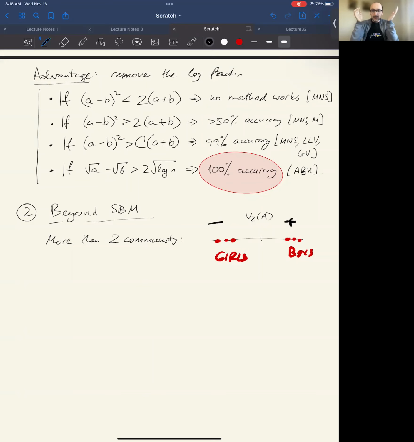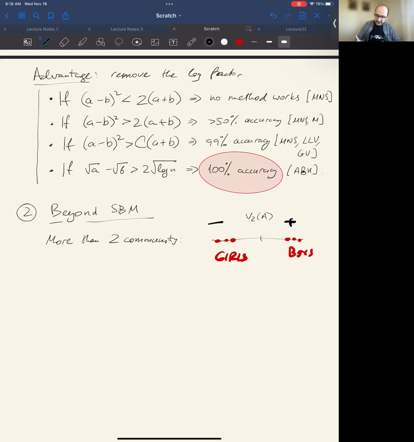If there are two communities, we look at one eigenvector. So it's a one-dimensional line, and these coefficients cluster like that. Now, if we have 5 communities, or 3 communities, what do we do? We look at 3 eigenvectors, and instead of projecting them to one line, project them to 3-dimensional, well, maybe 2-dimensional space, and cluster them there.